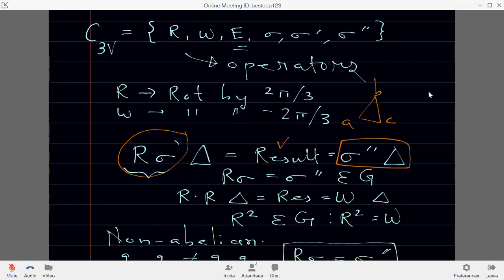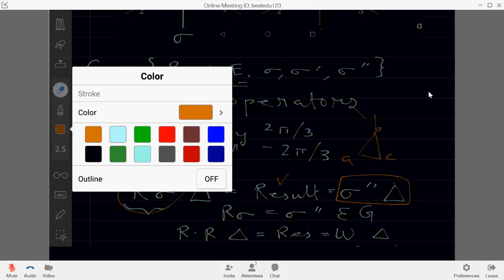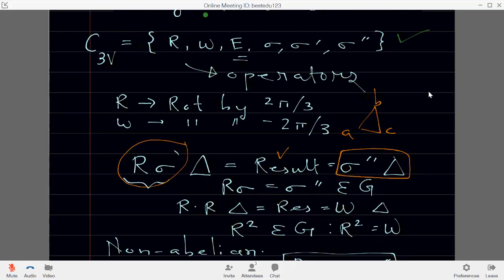To explain how this is a group, if you take an equilateral triangle and first apply this kind of reflection and then apply rotation, you will get some result. If you start with an equilateral triangle ABC, sigma prime is a reflection like this.